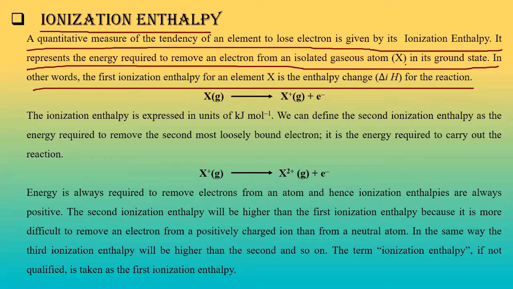Ionization enthalpy is the energy change that happens whenever an ion is formed. This is a theoretical definition. The experimental idea is that whenever a cation is formed, some energy will be required.